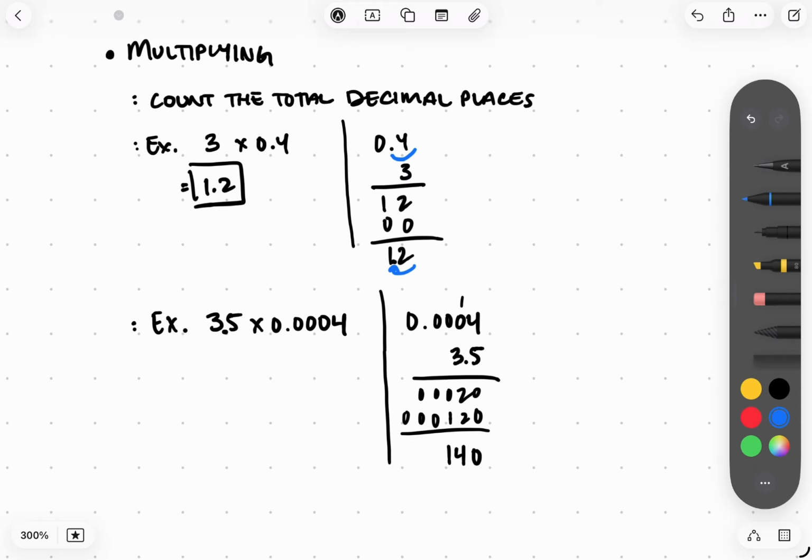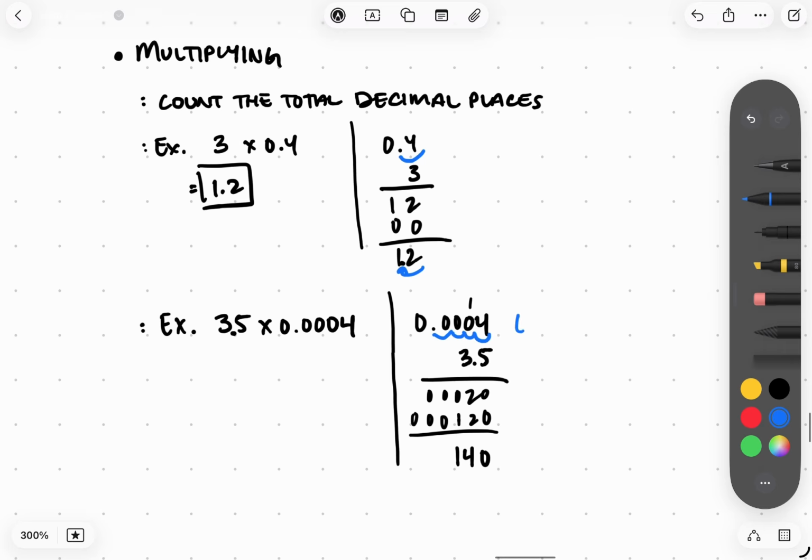And then now I will count how many decimal places I have. So I have 1, 2, 3, 4. So there are 4 decimal places, and there's 1 here. Therefore, there are going to be 5 decimal places that I need to go. And I'll go 1, 2, 3, 4, and 5.